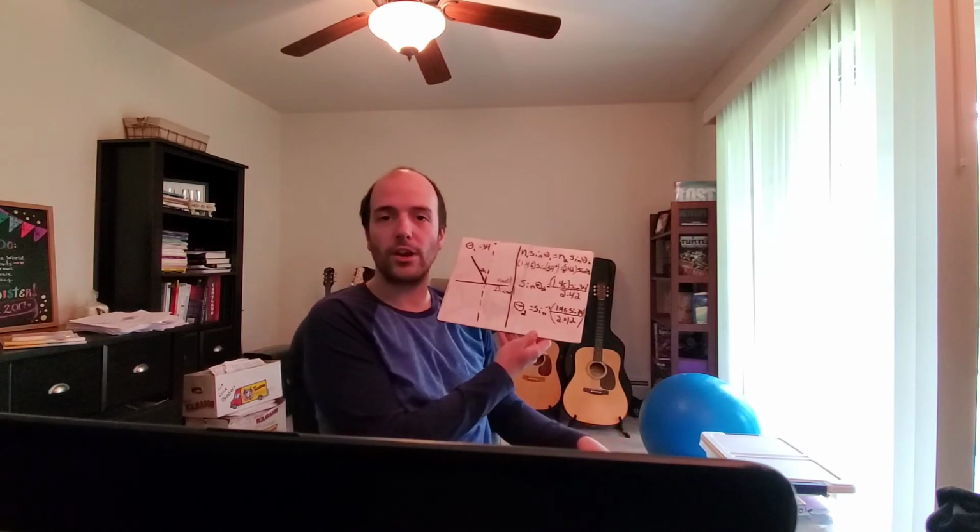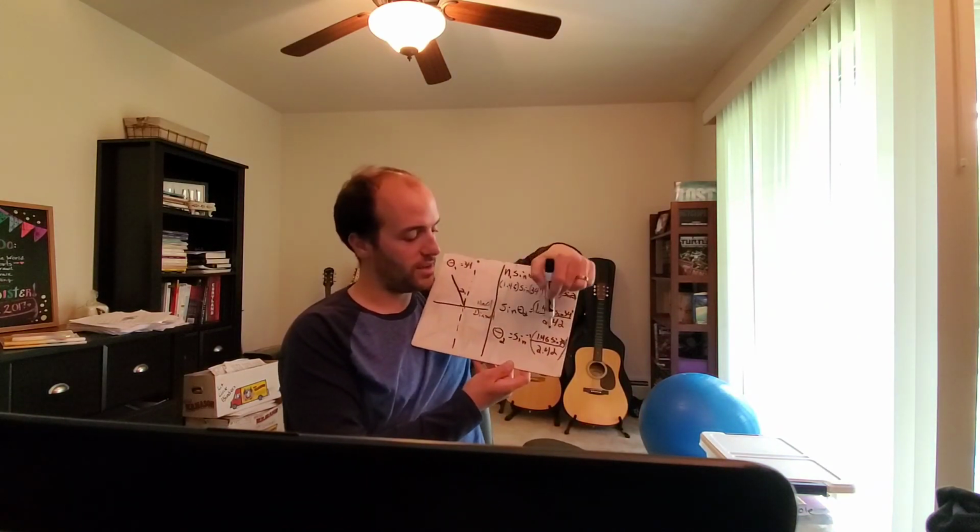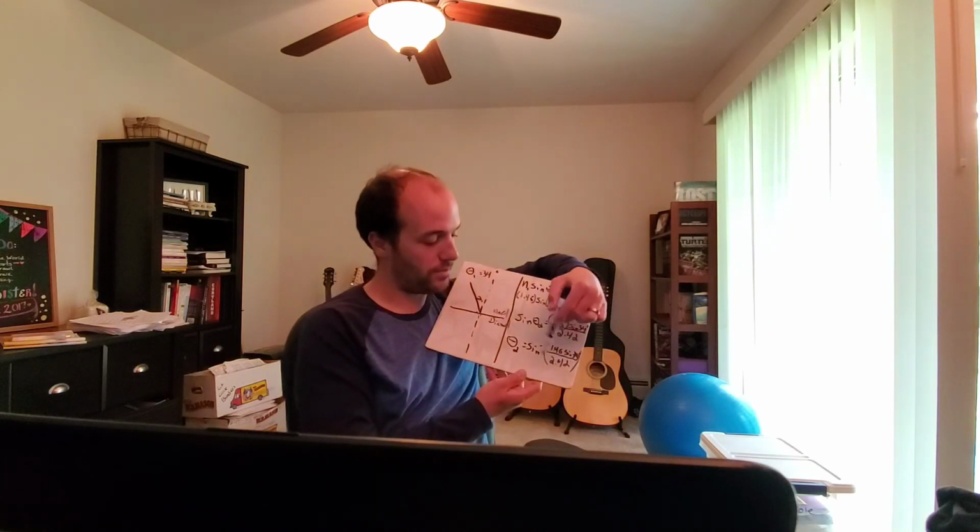On your calculator, that would be second sine: you hit the second button, you hit the sine button, and then you can plug in whatever you have for this. Do a quick calculation, and we find that your angle of refraction is 19.7 degrees.